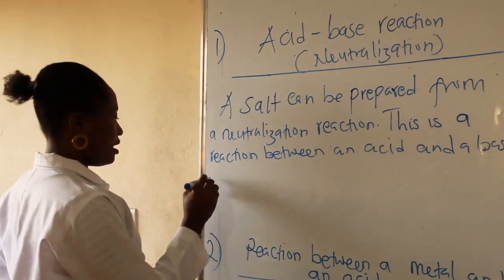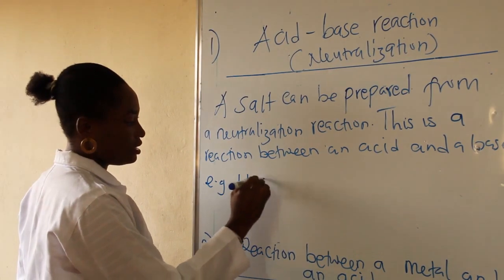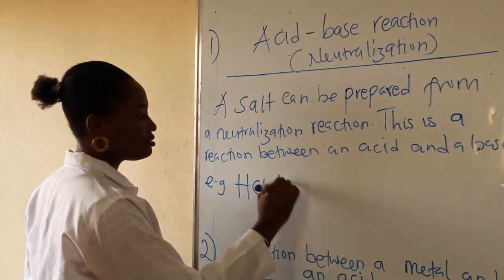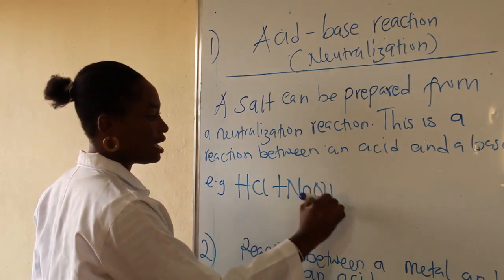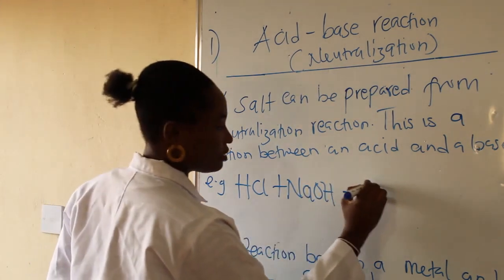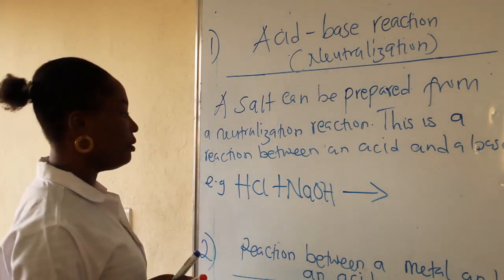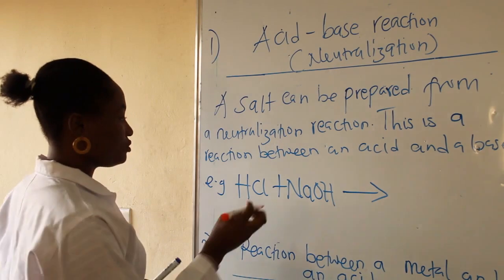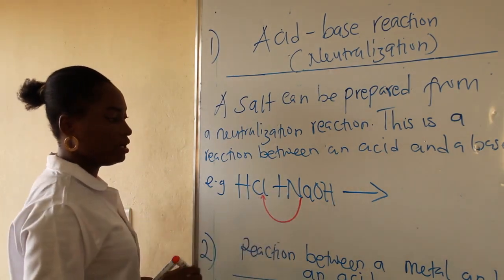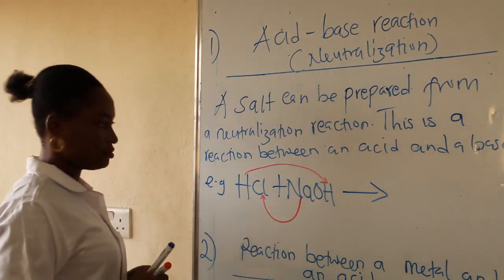Example, that's e.g. you have an acid, hydrochloric acid, that's HCl, plus sodium hydroxide, a base, an acid and a base. Now this is what will be formed. Remember, a salt will be formed and then water. So the sodium reacts with chlorine, and then the hydrogen here reacts with this hydroxide group.